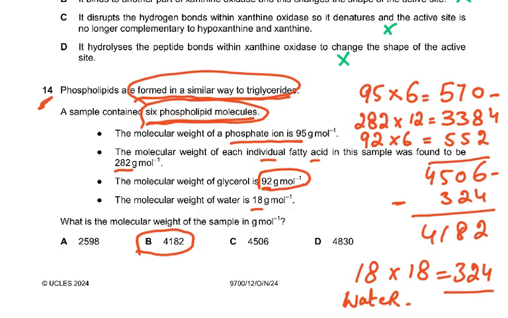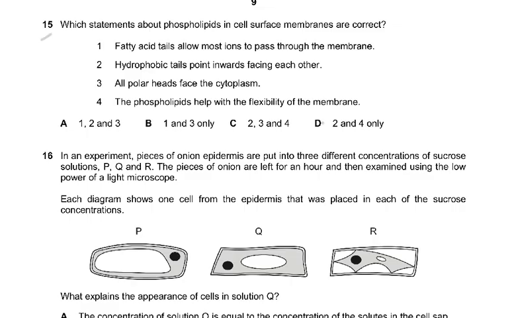So when the bond is formed, water exits. So 18 into 18 water molecules would leave. 18 into 18 is 324. So 4506 minus 324. I'm sure there are other ways by which students would have handled this question. This was my way of handling the question. So question number 14 is B. Question number 15. Which statements about phospholipid in cell surface membranes are correct?